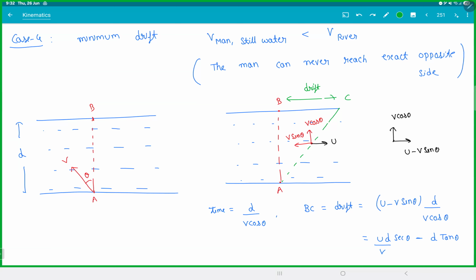The V cos theta is responsible for crossing the river, so time will be D by V cos theta. And the horizontal drift is caused by the horizontal velocity into time. Is this clear so far? Any doubts on this page?